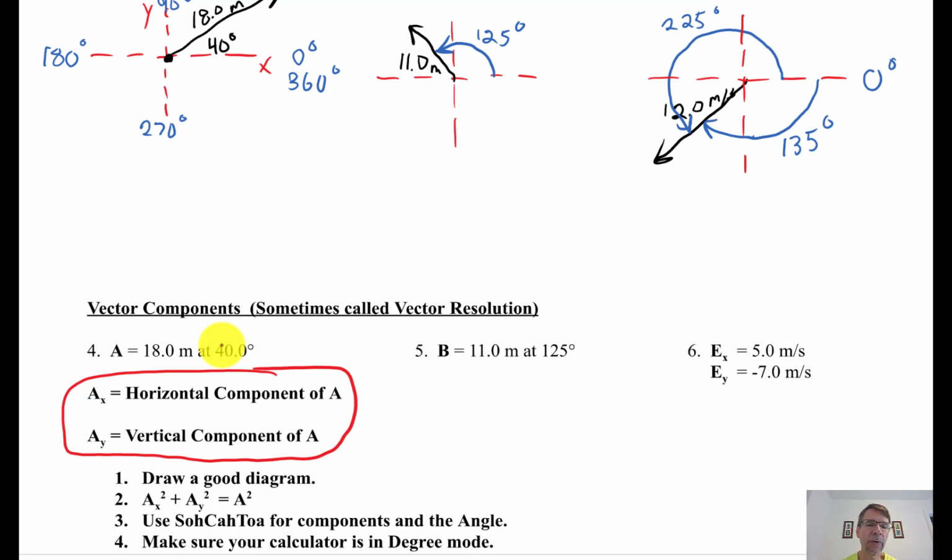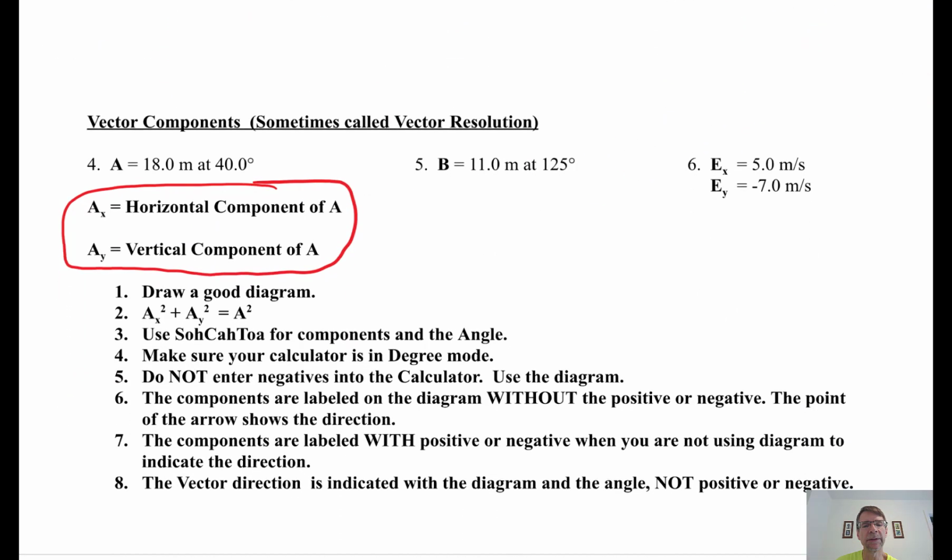These are the components of each vector. Each vector in 2 dimensions will have 2 components. I've summarized, I'm going to go through these summaries, it's not really steps, of drawing, representing, and calculating components. It's dealing with the Pythagorean theorem, SOHCAHTOA, and drawing a nice diagram.